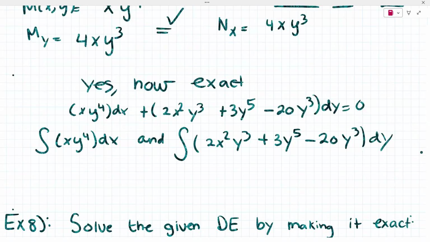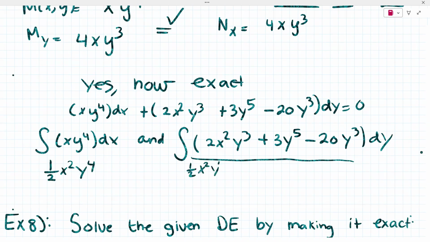Okay, so the integration of xy to the fourth is 1/2 x squared y to the fourth. The integration of this with respect to y is going to be 1/2 x squared y to the fourth plus 1/2 y to the sixth minus 5y to the fourth.